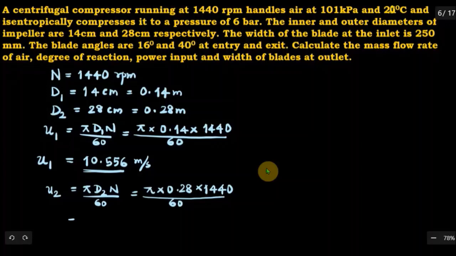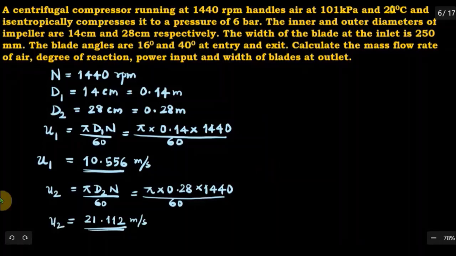So obviously you will get twice the tangential speed at the inlet. So it is 21.112 meter per second. So this is your U2.